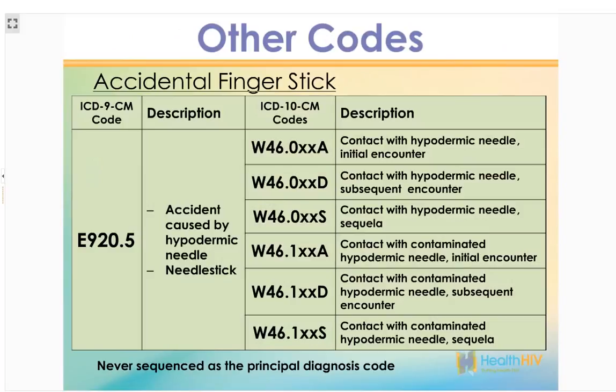Accidental finger stick. If you have an employee, such as a medical office assistant, an RN, an LPN, or even a physician that accidentally punctures themselves with a needle after treating one of your patients that are getting HIV screened, there are 6 codes that you would need to select versus the 1 code that was available in ICD-9.